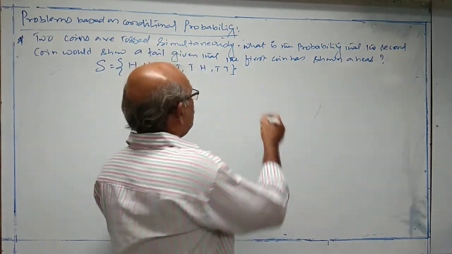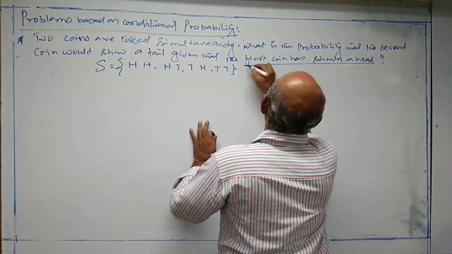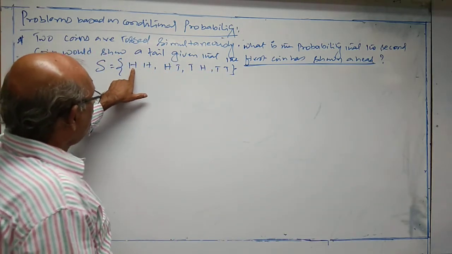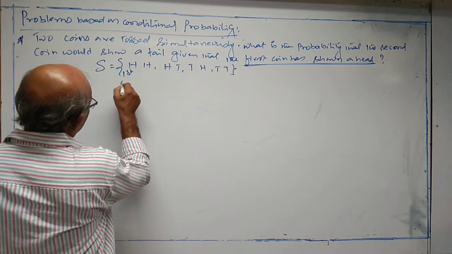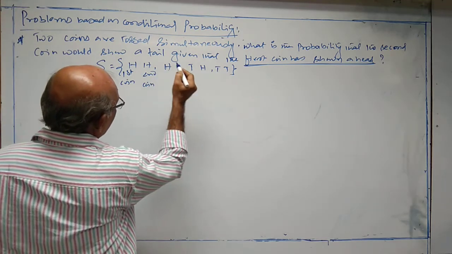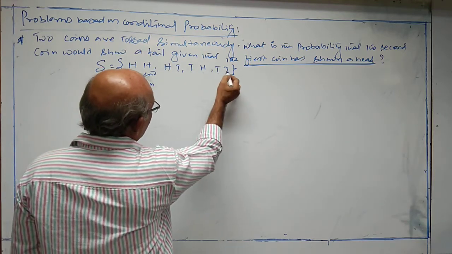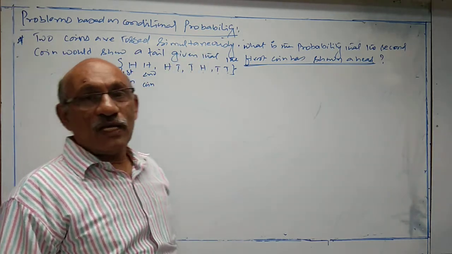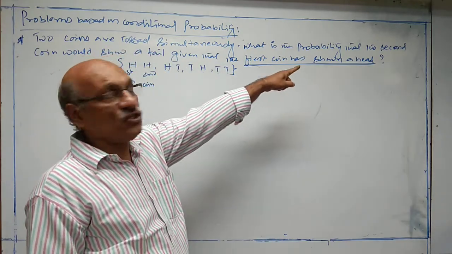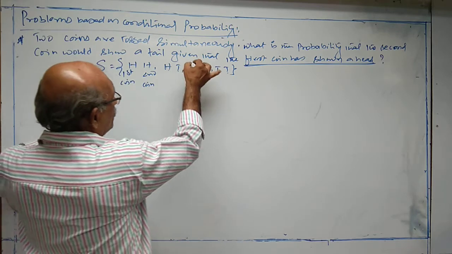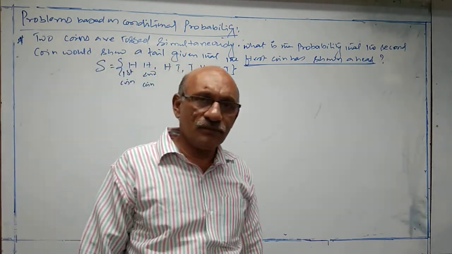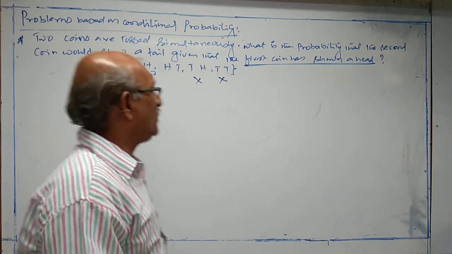What is given in the question? First coin has shown a head. Here, first coin, second coin. Now it is simple common sense. When the first coin has shown head, there is no question of considering these 2 cases.